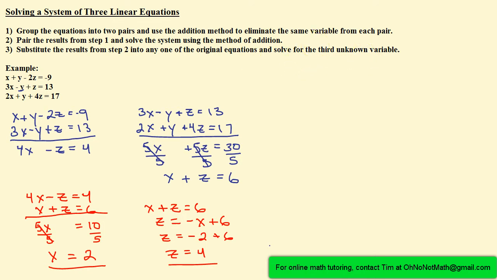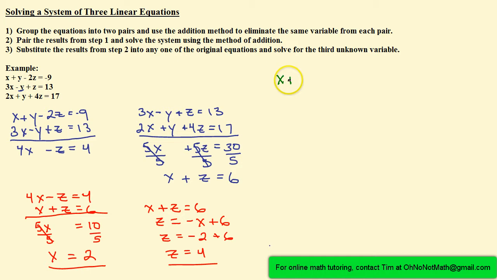Okay, so I'm going to take the first equation. I could take any of the three equations. I'll just take the first one because this looks fairly straightforward. I have x here by itself and y by itself.